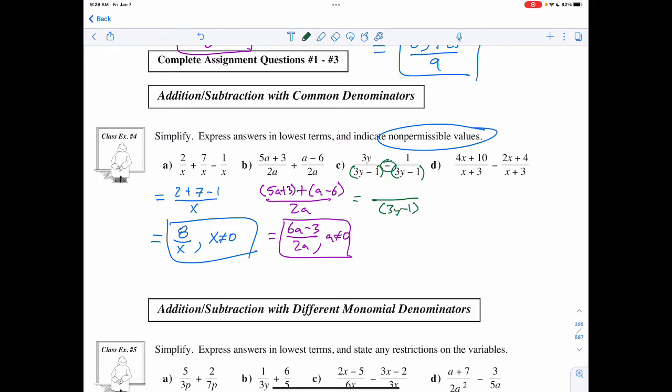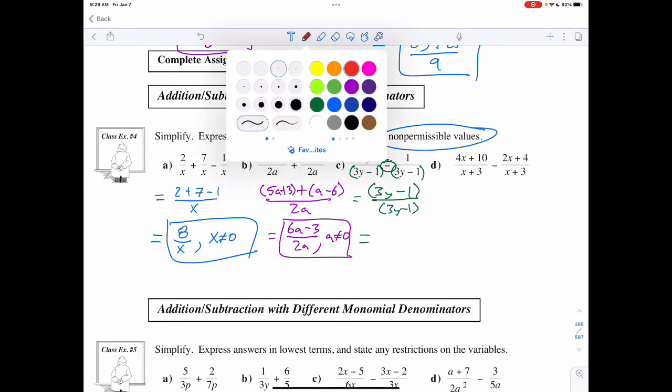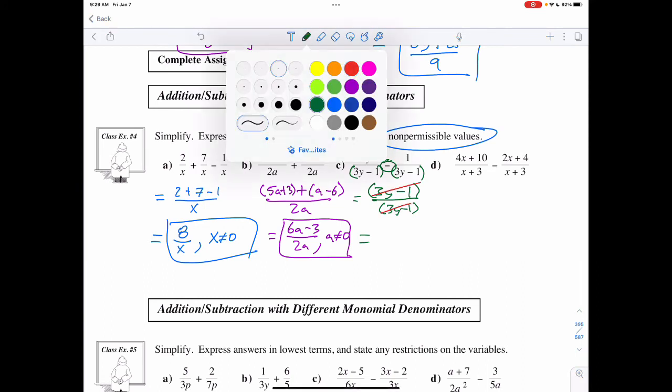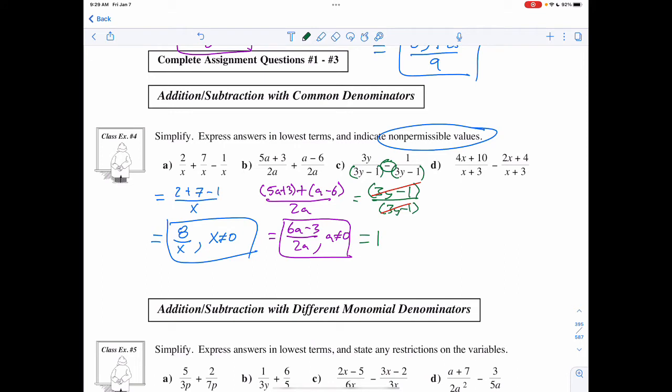There's a subtraction between the terms, so that's going to be 3y minus 1 in the top. And because I have a binomial in the top, I would see, can I simplify it at all? No, they're the same in the numerator and the denominator. 3y minus 1 over 3y minus 1 divides out evenly, and my answer is just 1.